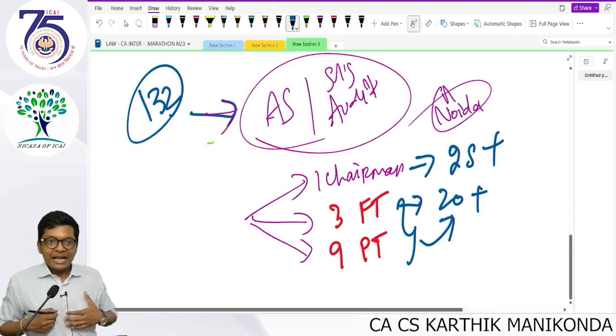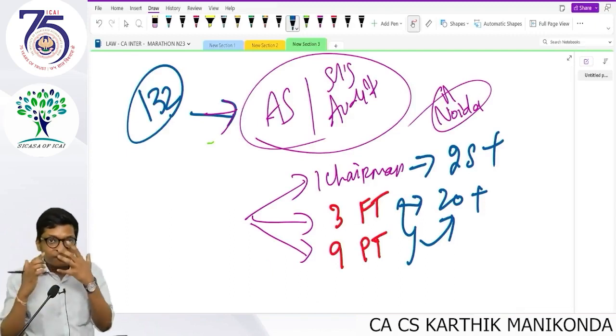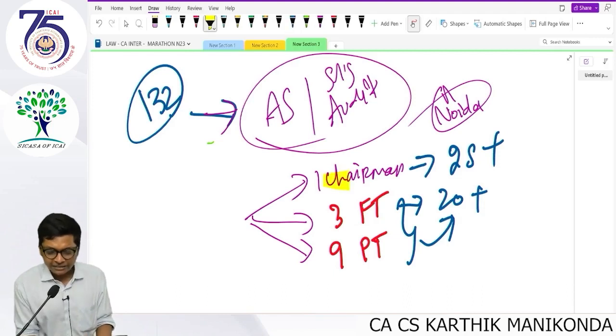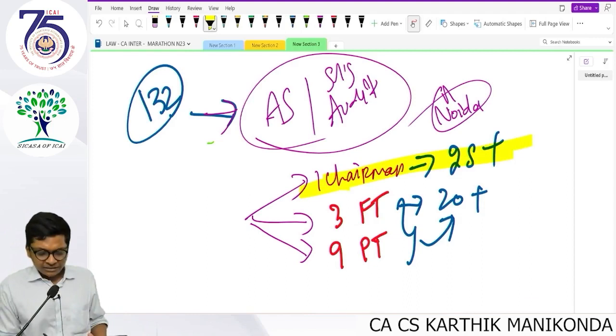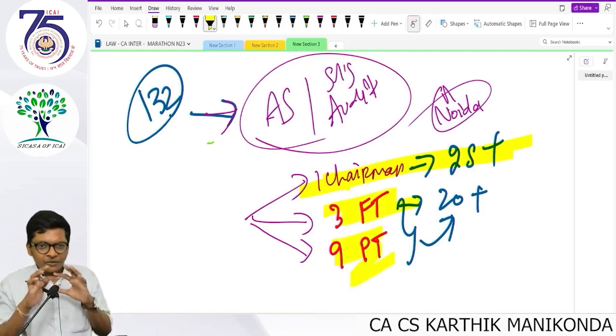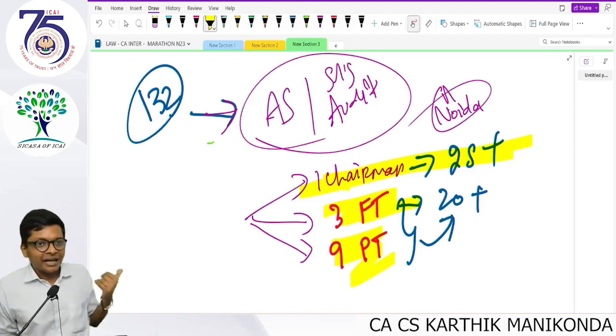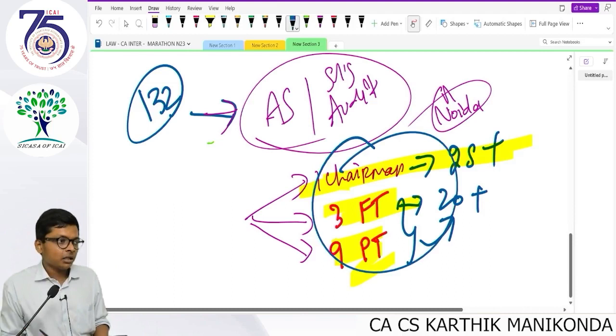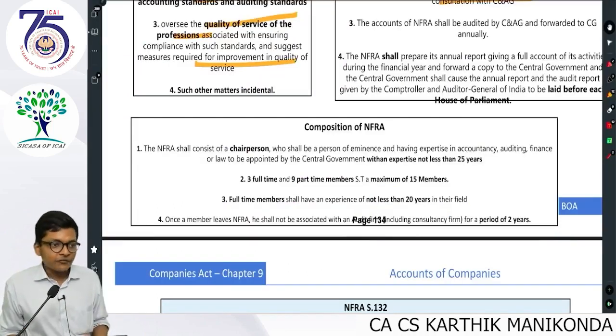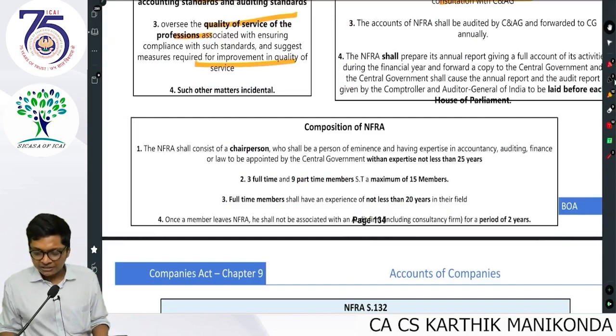So simple, NFRA committee is the one with full power now. So chairman is 1 person, experience more than 25 years, 3 full-time members, 9 part-time members from the field of finance and all. You can't have an architect over here. Okay. Once you leave NFRA, you can't be associated with another audit firm or any consultancy firm for a period of 2 years.